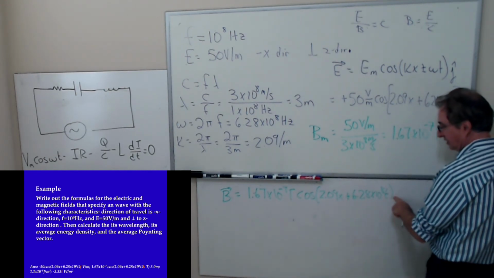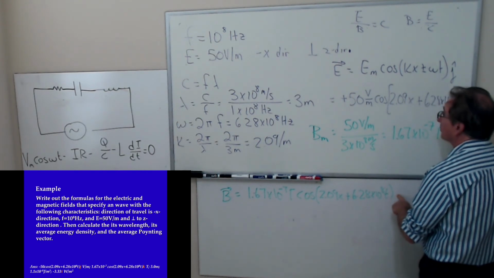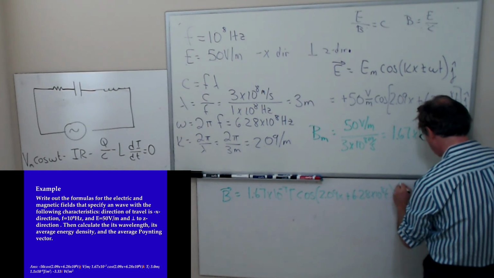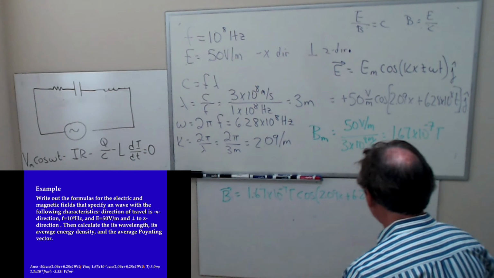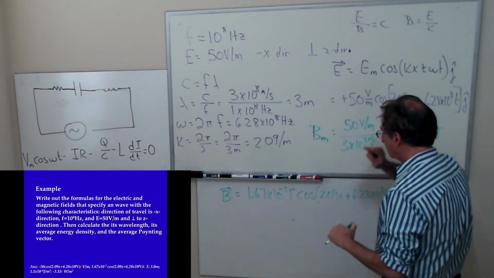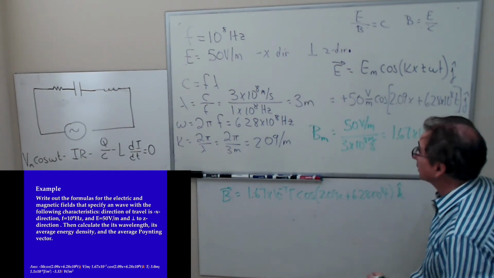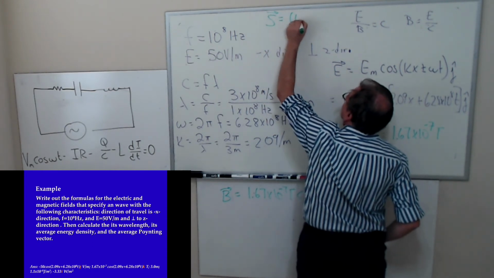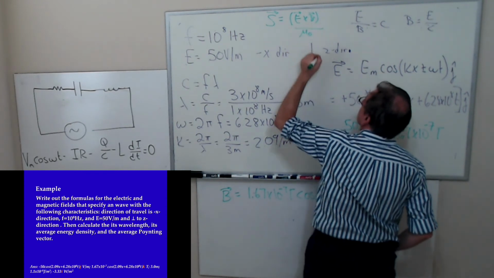What direction? Well, it's got to be perpendicular to both that and this, so it's got to be the k hat direction. Yeah. Now, I got to be careful, because the electric field, the magnetic field, and the direction of travel form a right-handed coordinate system, because S is E cross B over mu naught.